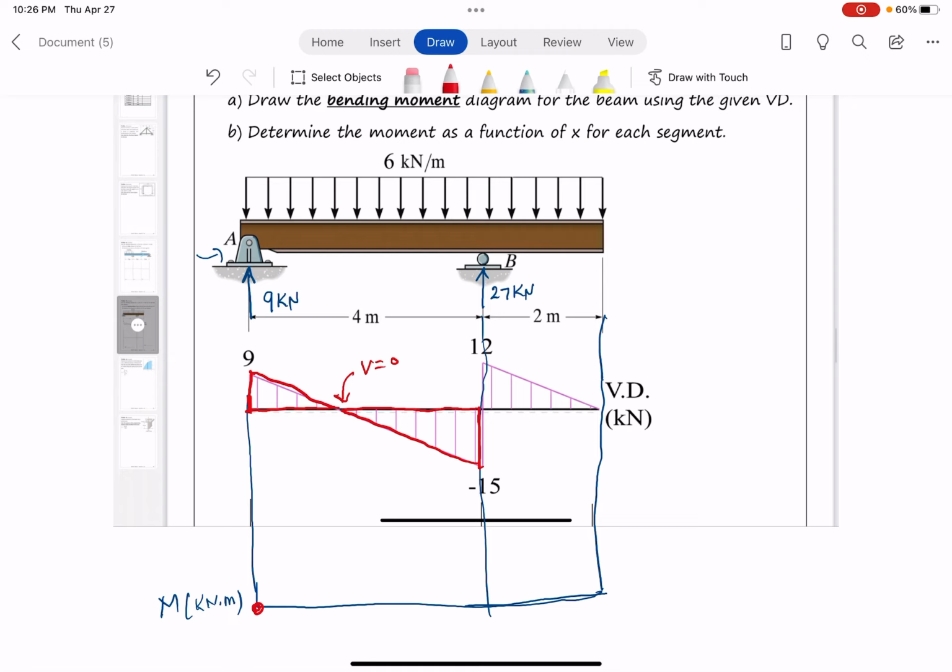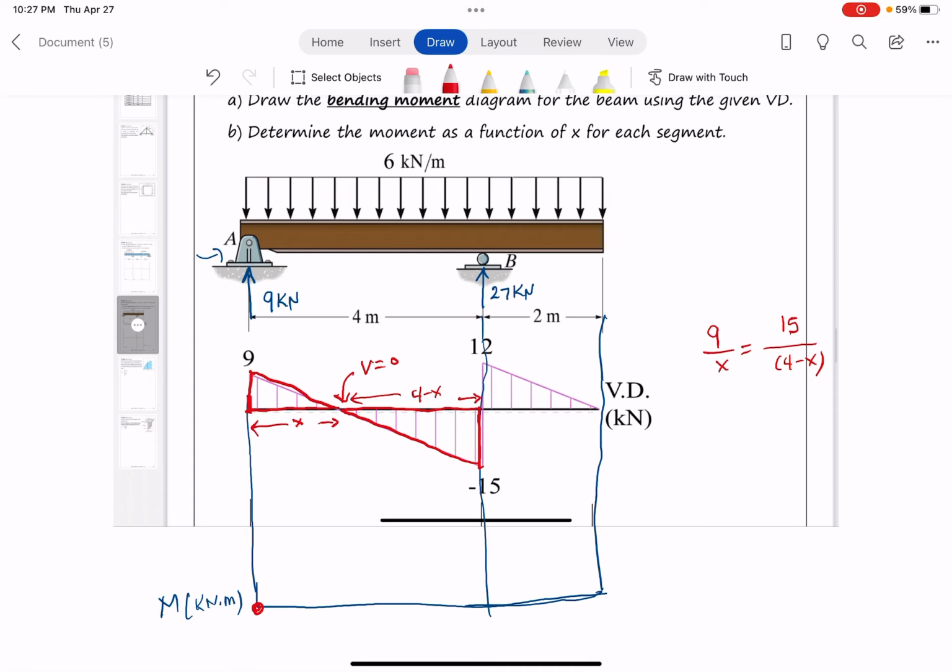So let's assume this is x, and we need to find this distance x in order to get a 0 shear. And this one is 4 minus x, the other distance from the other side. So 9 over x equals 15 over 4 minus x. So you could find out this distance.